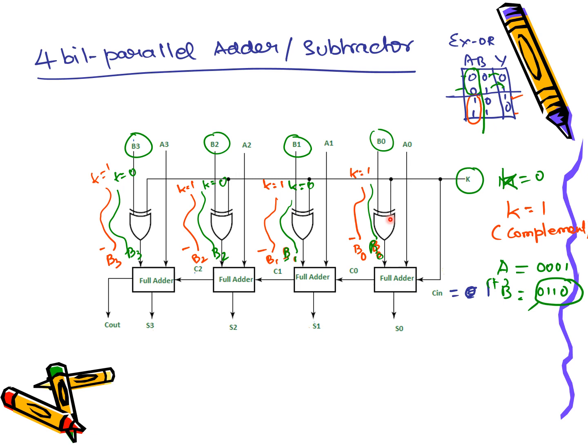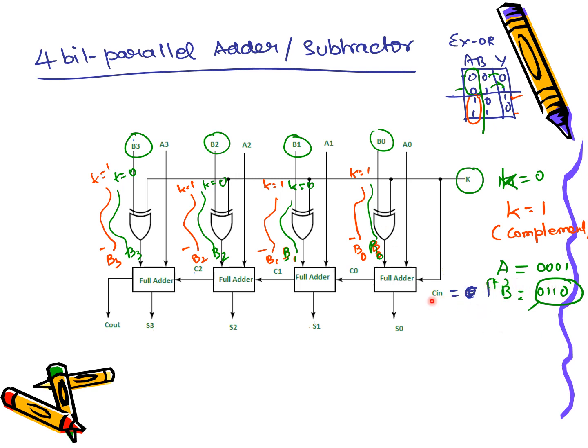That's all. When one of your XOR inputs is 0, it will act as a buffer and perform the addition operation. When one of your input signals is 1, it will perform complement, that is inversion, to your subtrahend bits, that is your B bits, and 1 will be added simultaneously.